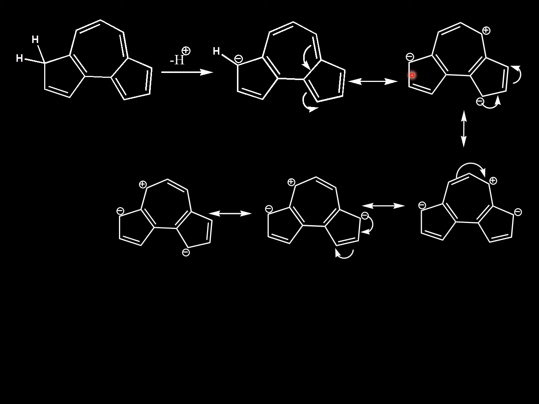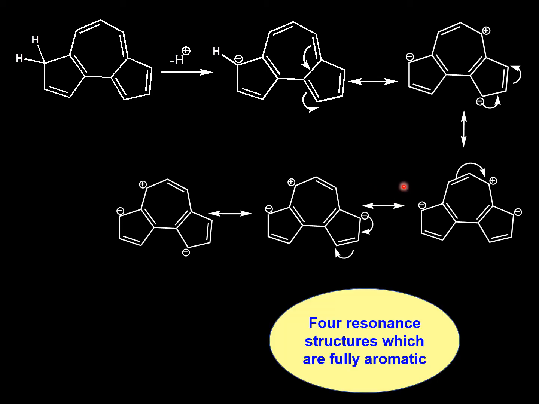In another 5-member ring also, you can delocalize this negative charge only on these two carbons. By considering all these facts, you can draw 4 resonance structures in which each of the rings will be aromatic in character.